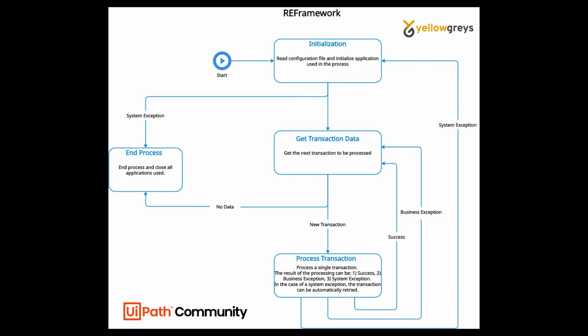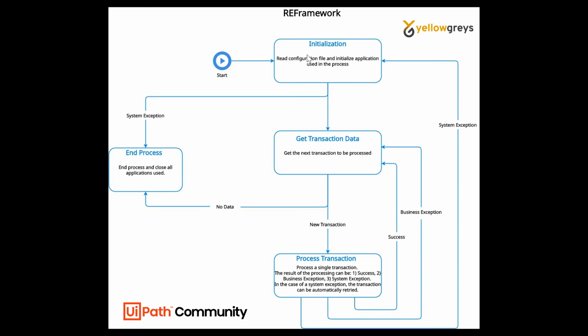So here you can see there are four sections. One is initialization, the other one is get transaction data, then process transaction, and the end process. This is already inbuilt, so they added a lot of activities in it, and that will handle the exceptions also.